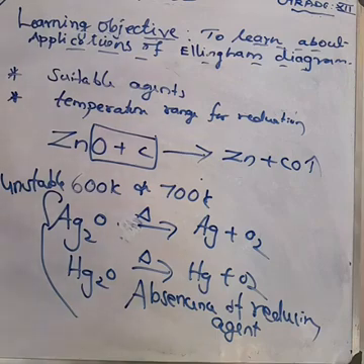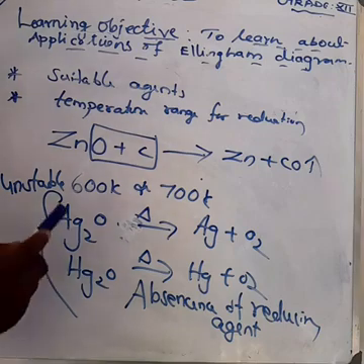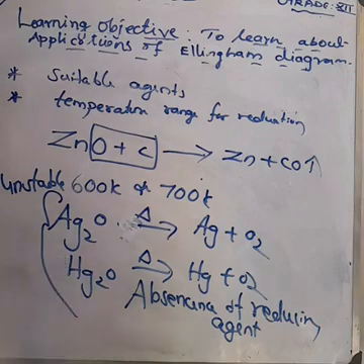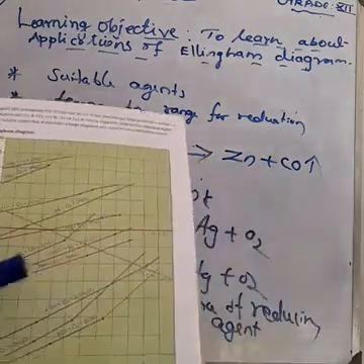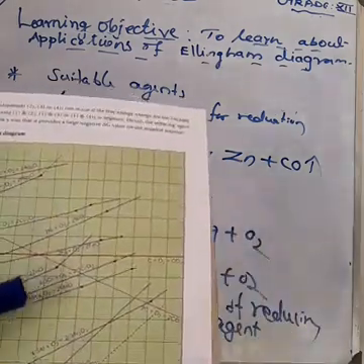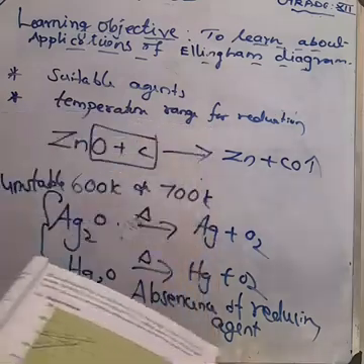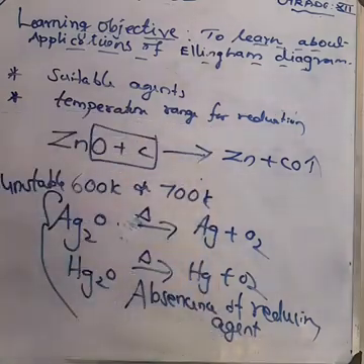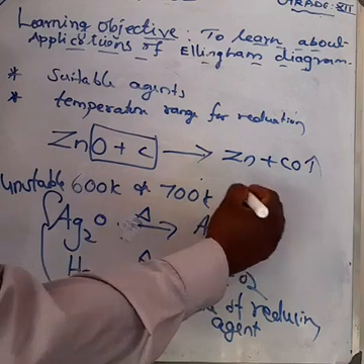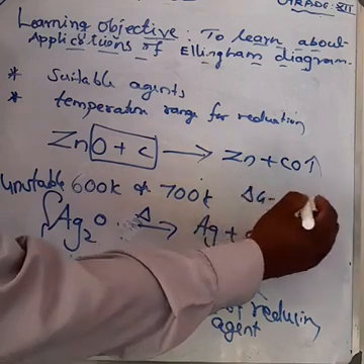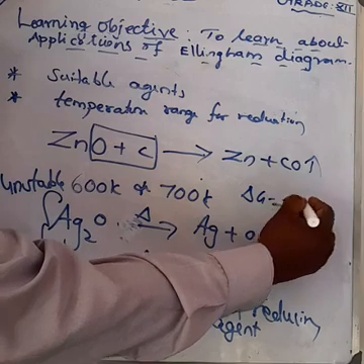At first I told you that with the Ellingham diagram we are selecting a suitable agent, the one which has the high negative delta G value.